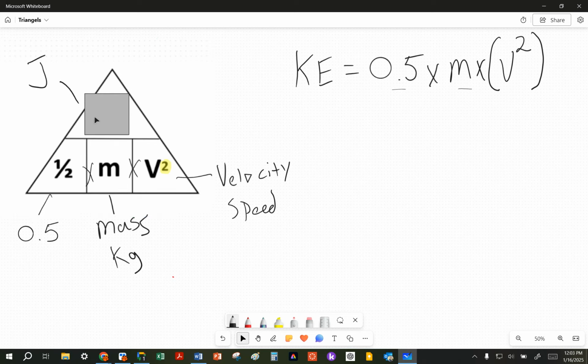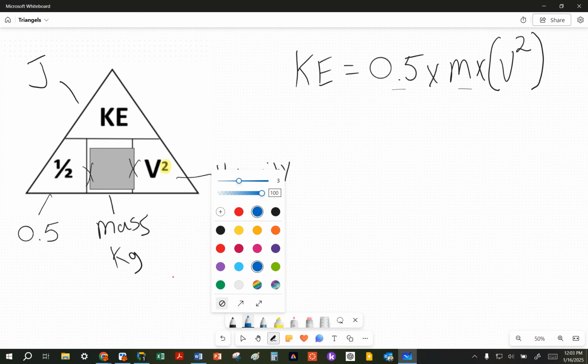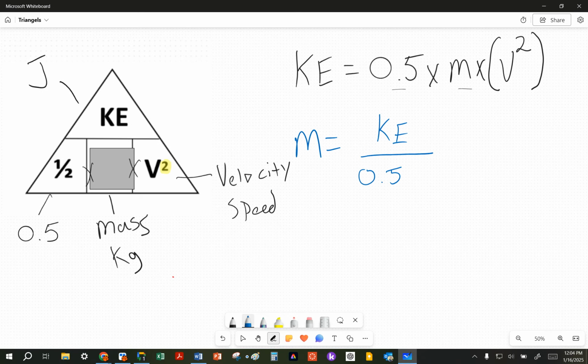All right, so if I move the block down and the question says, what is the mass? This is what you'll be left with. So the mass is equal to the kinetic energy in the question divided by 0.5 times velocity squared.